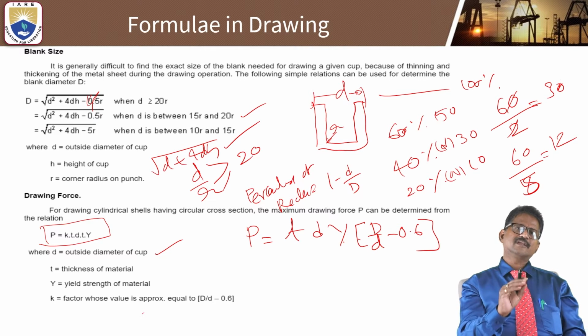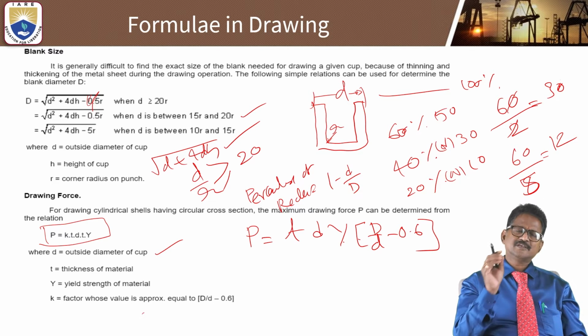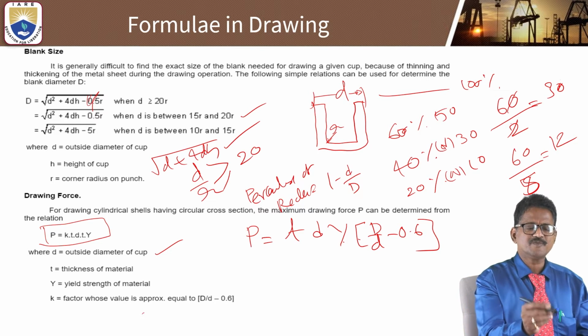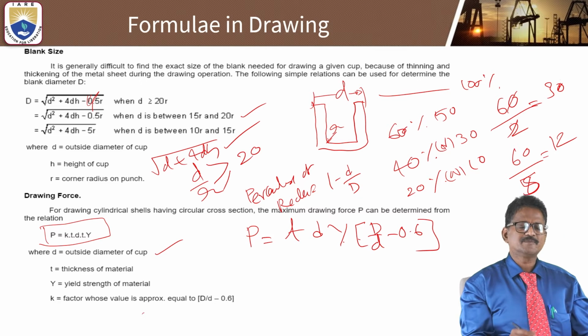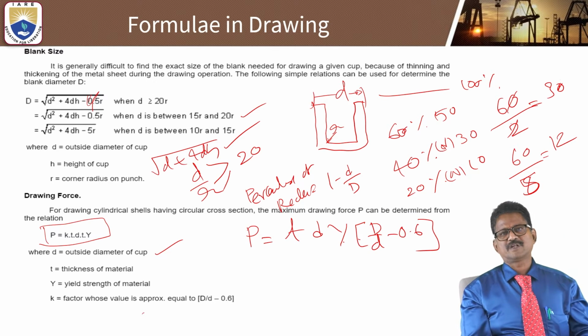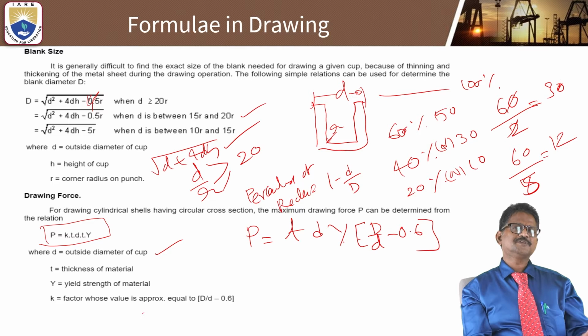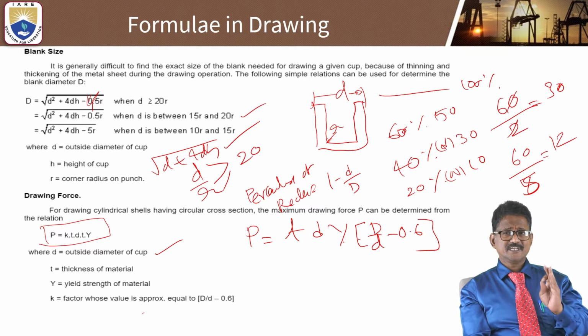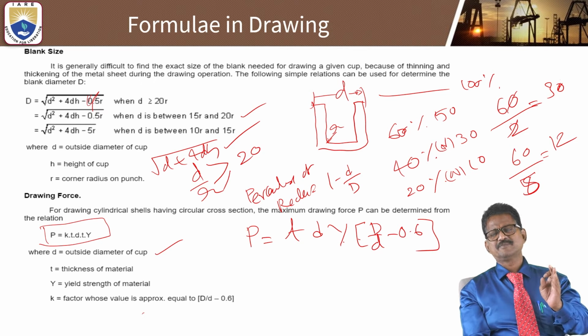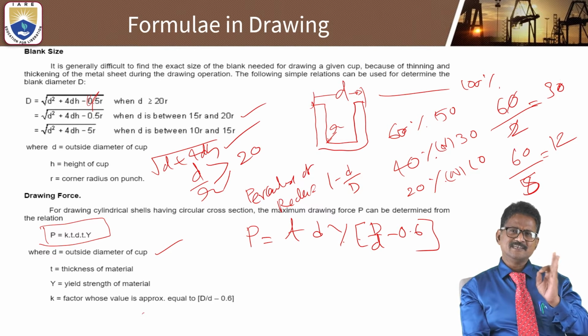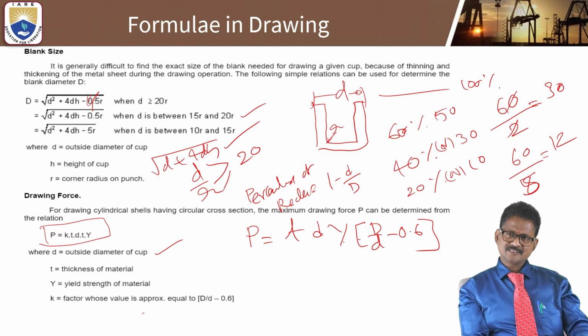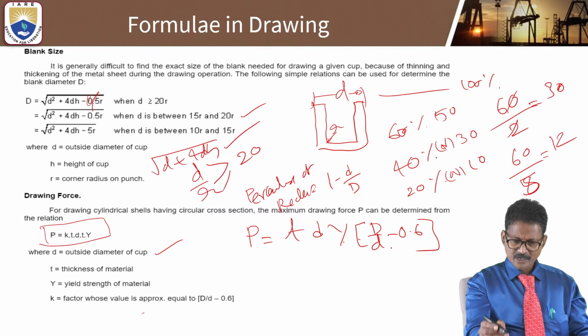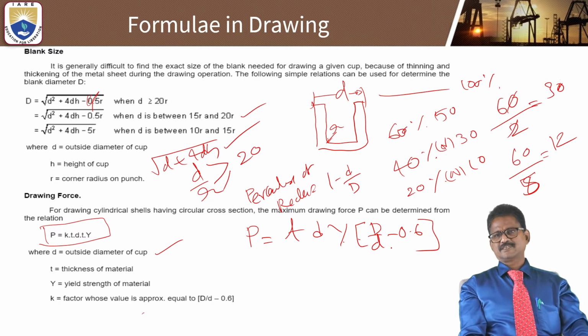First you need to calculate the d by r ratio. Based on the d by r ratio, the formula to be used for determining the blank size is chosen, and the force can also be determined by k t d Y: thickness of the material, outside diameter of the cup, and Y the yield strength. The constant factor is equal to D by d minus 0.6.